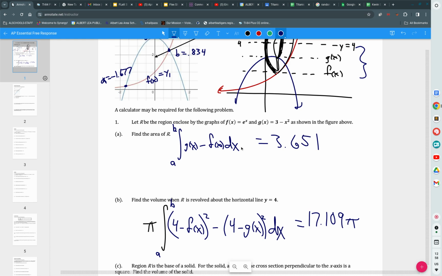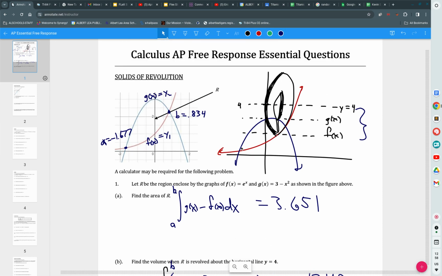Could you draw what the actual area would be for that washer, what it looks like? Trying to think. Like, what does it look like?